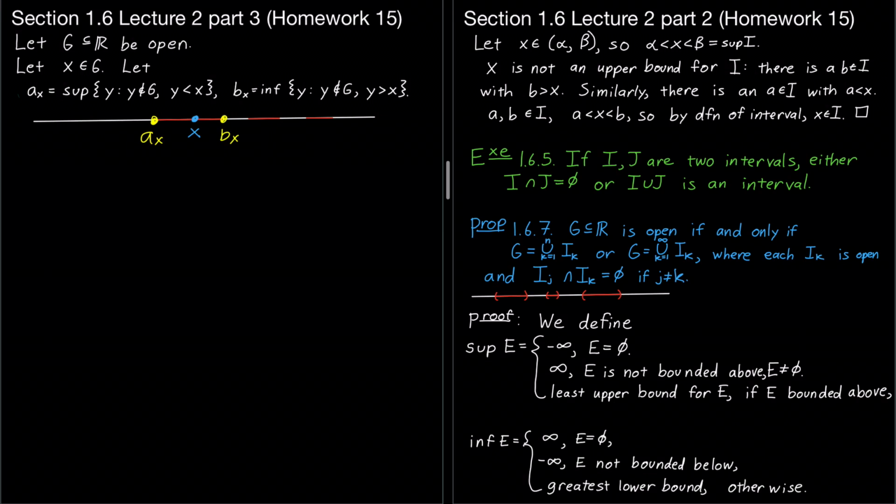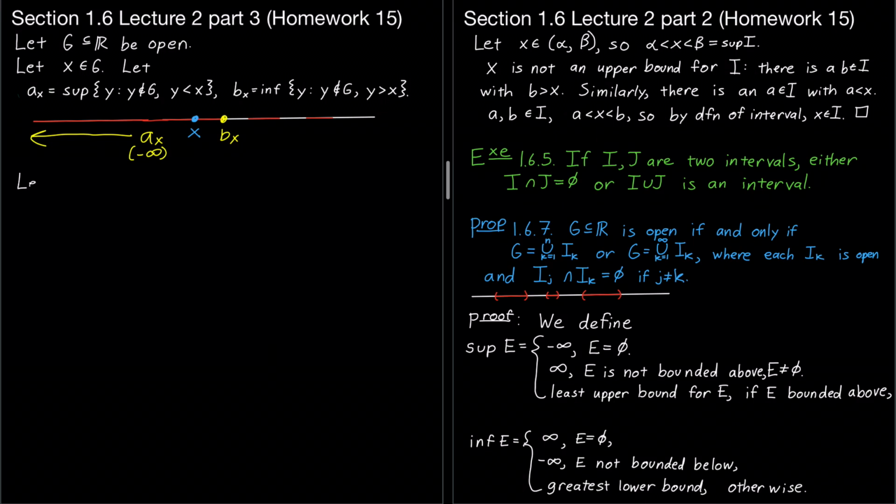And if by chance your set G happened to be half infinite, if everything less than X happens to be in G, then your A sub X is in this case not located here. A sub X is minus infinity in this case.